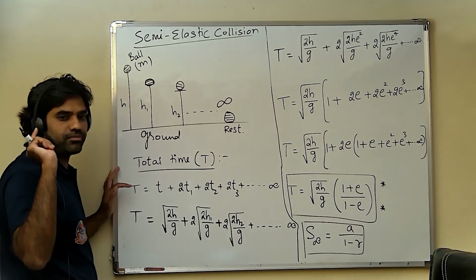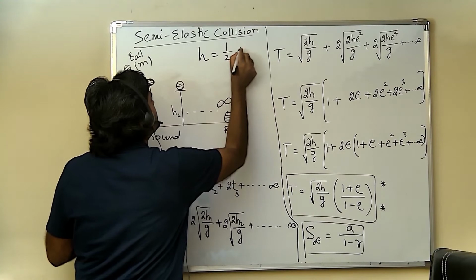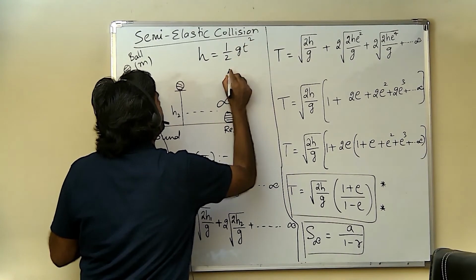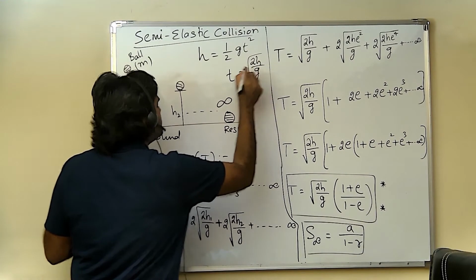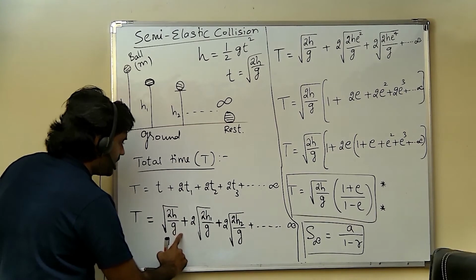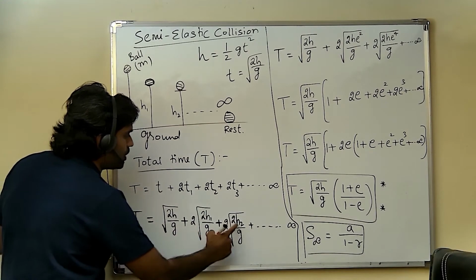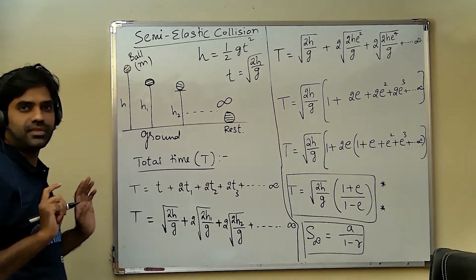But listen, from the kinematic equations we know that h is equal to half g t square for a freely falling body. Therefore you can write t is equal to root of 2h by g. So this is the formula I have applied to replace t1, t2, t3 with root of 2h1 by g, root of 2h2 by g and so on. Here t is root of 2h by g. Understood?